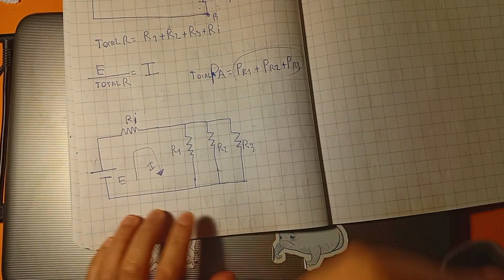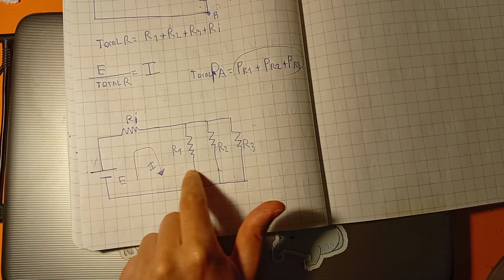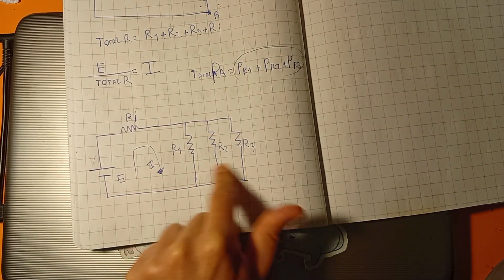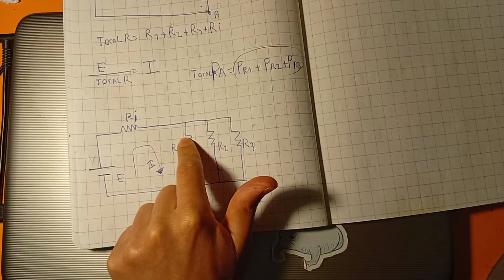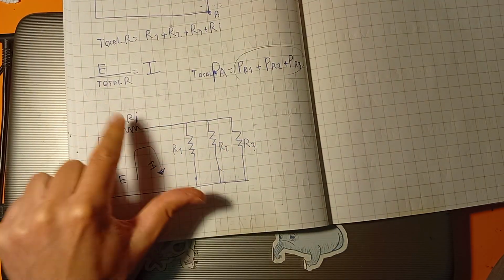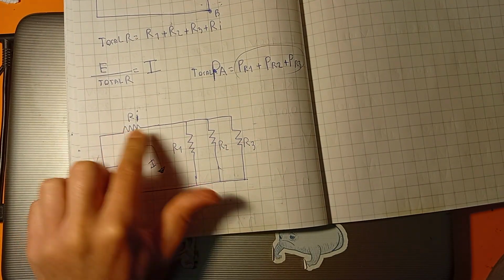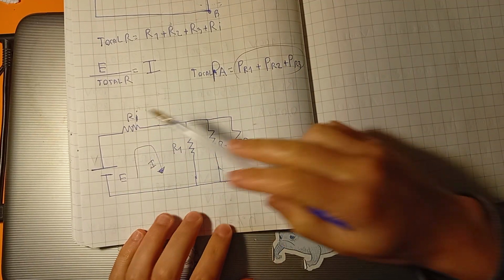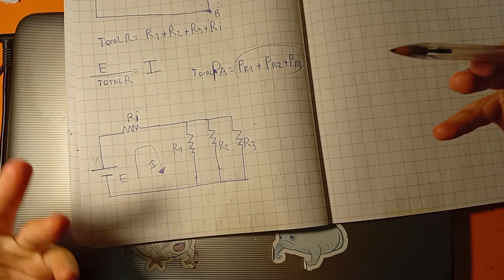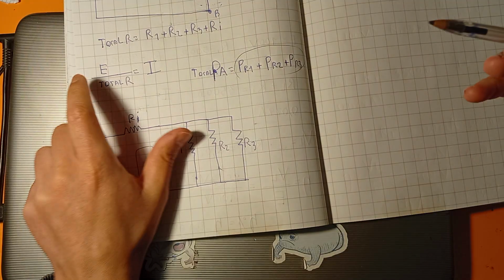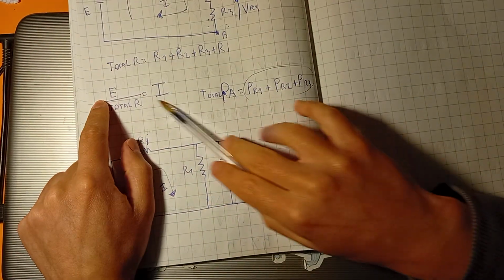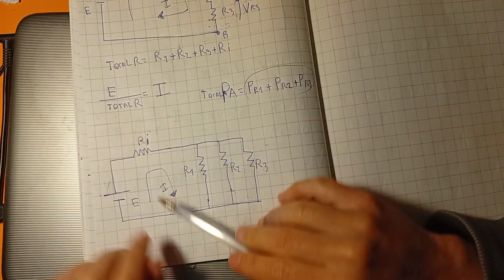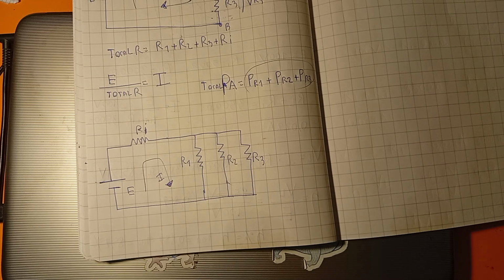To calculate the total current, you have to calculate this parallel, and then you add this parallel plus this internal resistance, and you will obtain a total resistance. Then you divide the value of the voltage source by the total resistance, okay? And you obtain this current.